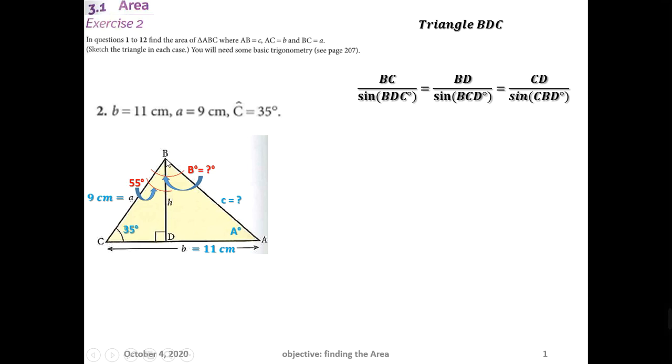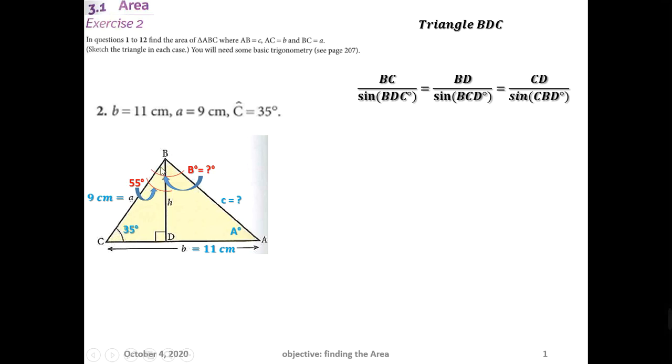So sine of BDC. So side BC over sine of angle BDC is equal to, we need to write three fractions in the sine rule, over side BD, the opposite angle to it is this angle.